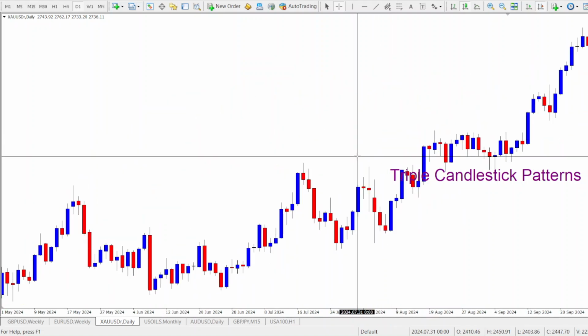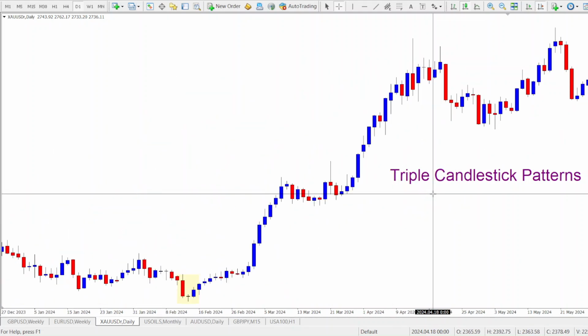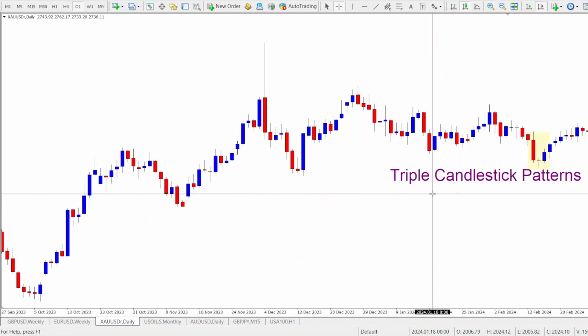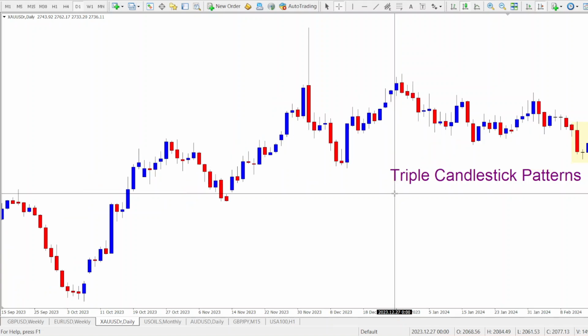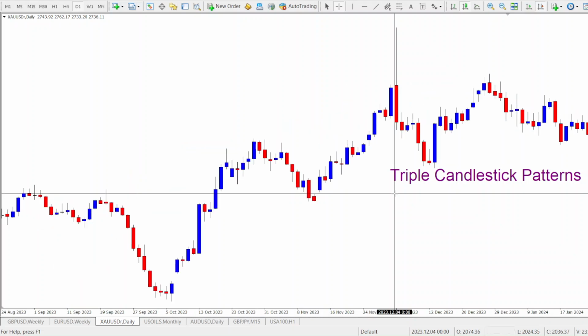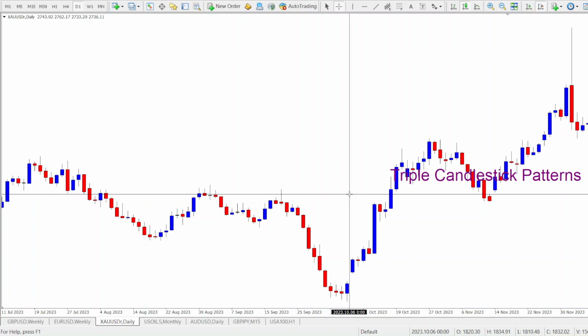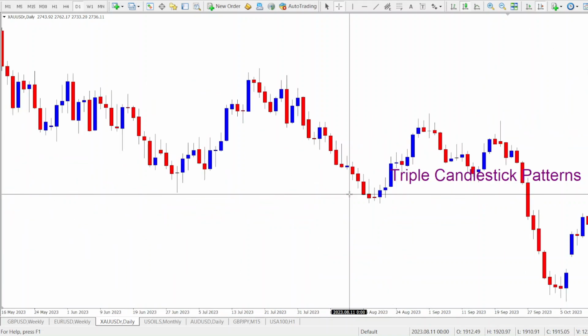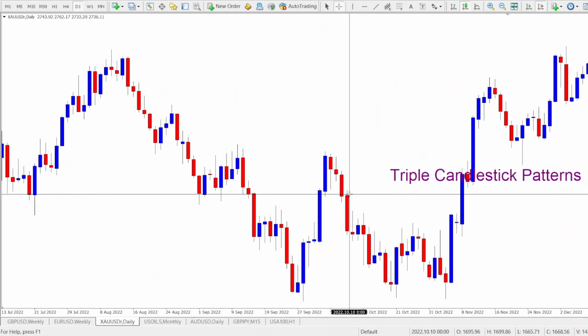The evening star is essentially the opposite of the morning star, and it shows a big bullish candle, followed by a small indecisive candle, and finally a large bearish candle. Let's see if we can find that on the chart.